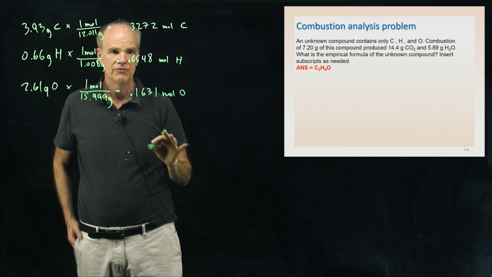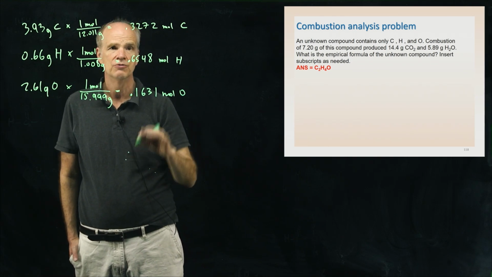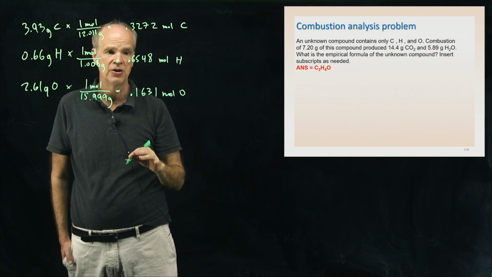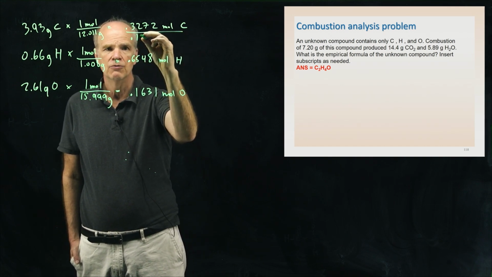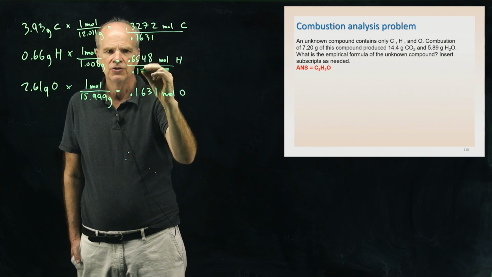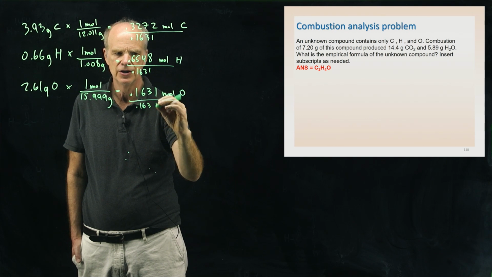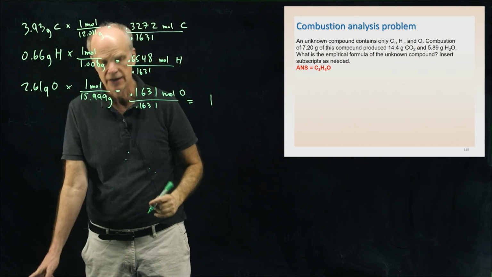Okay, so now from this mole information, you should be able to work out the empirical formula. So you look at these three numbers of moles, and then you divide each of them by the smallest number, which is the moles of oxygen. So I'm going to divide this one by 0.1631, this one by 0.1631, and this one by 0.1631. So with oxygen, you can see that we got 1 there.